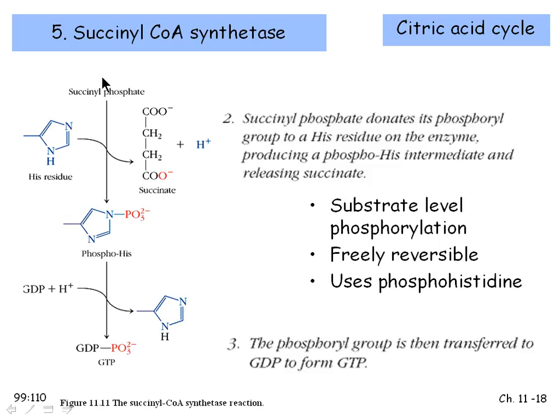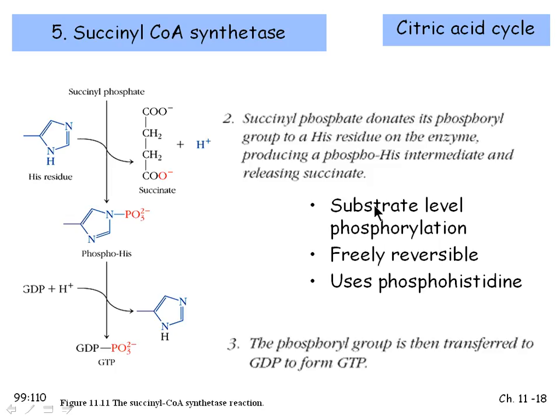Interestingly, that succinyl phosphate can transfer its phosphate to a histidine to sort of park it as a temporary high-energy intermediate. That allows the succinate to go away as a free compound now. And this is now just a symmetrical 4-carbon backbone with 2 carboxylic acids. That phosphohistidine is capable of transferring its phosphate to a GDP, and that's when we get the GTP out of the compound.